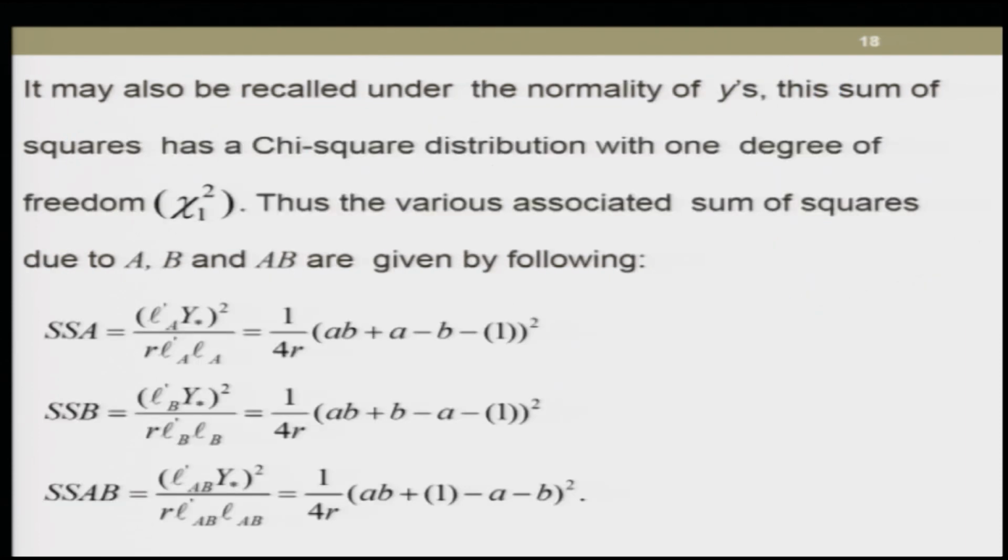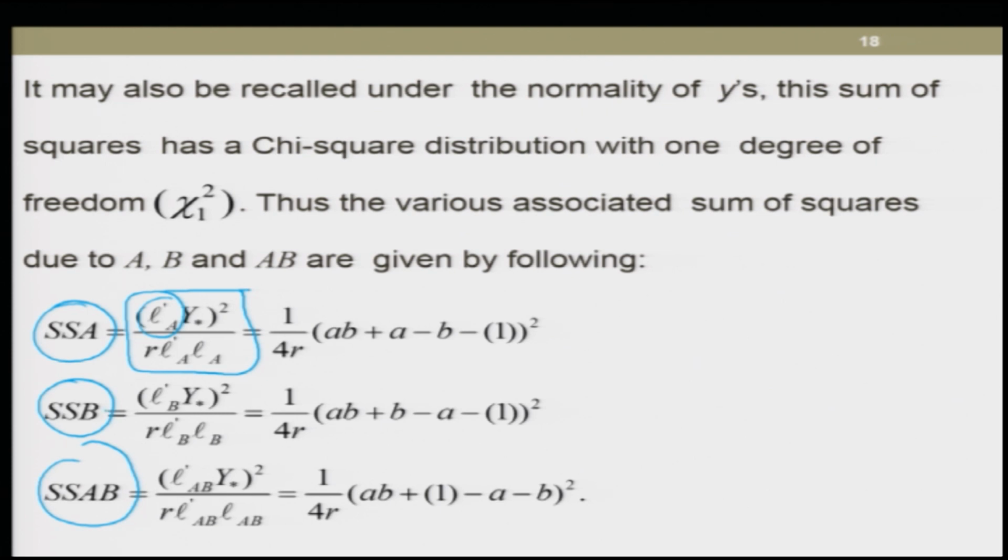Now, using this theory, I can compute the different types of sum of squares for A, for B and for AB. So, I have computed the sum of squares due to A by this expression, where I am using L_A prime, which is the vector of +1 and -1, arranged in a particular way, right.